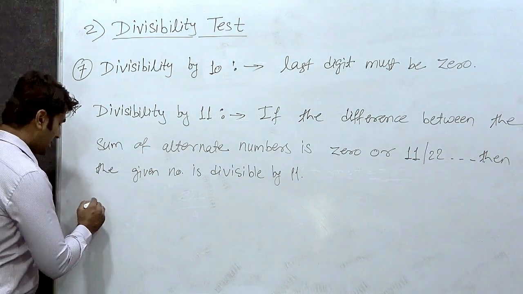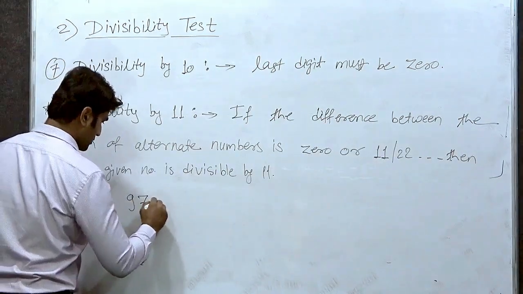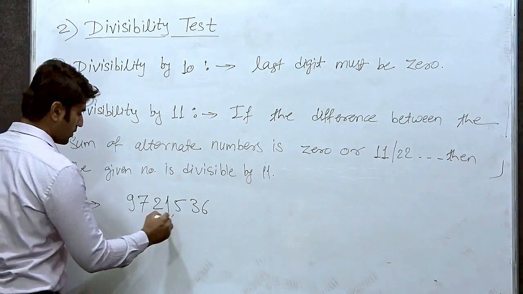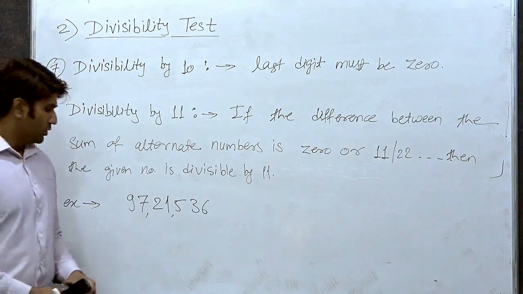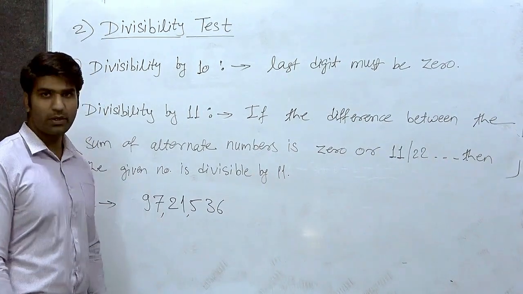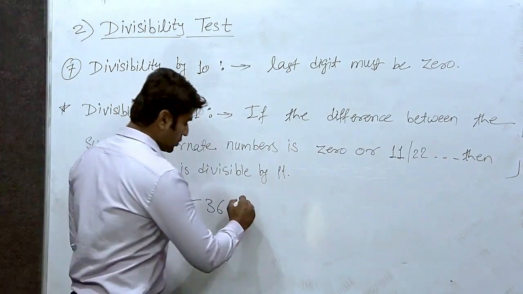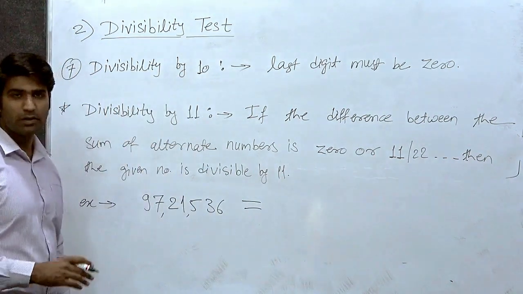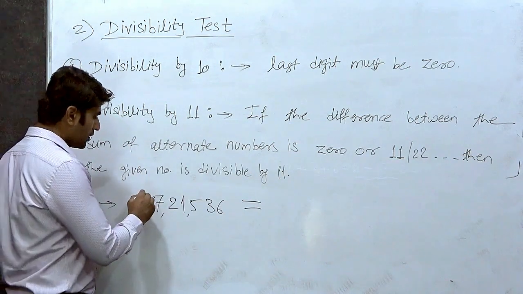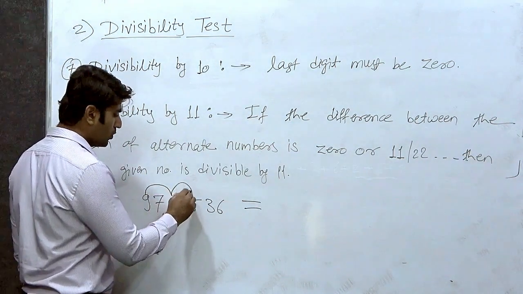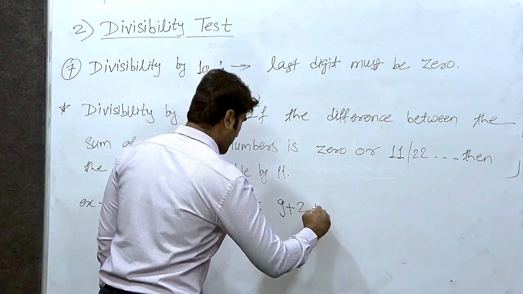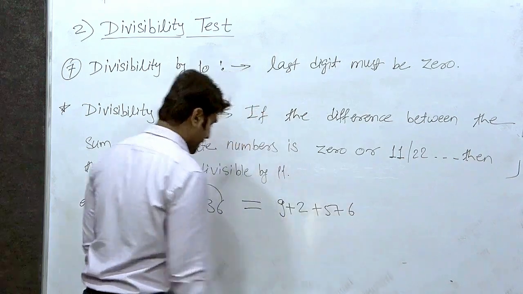For example, let's take this one: 9,721,536. We have to check the sum of alternate numbers and their difference. The alternate numbers are 9, 2, 5, 6. So 9 plus 2 plus 5 plus 6.